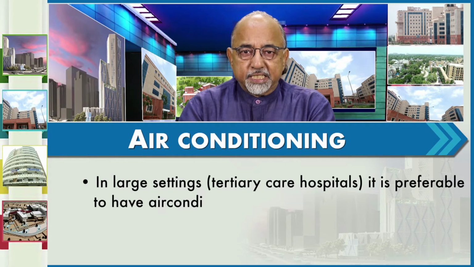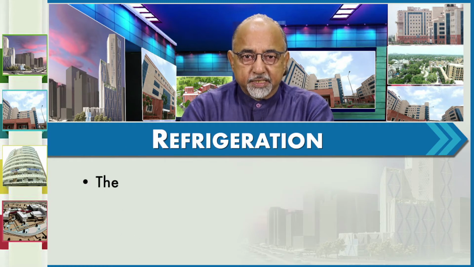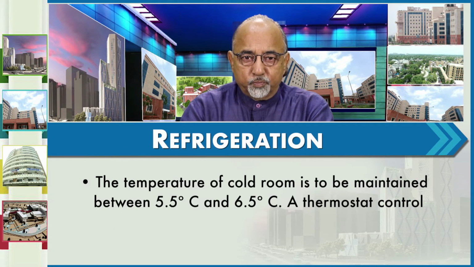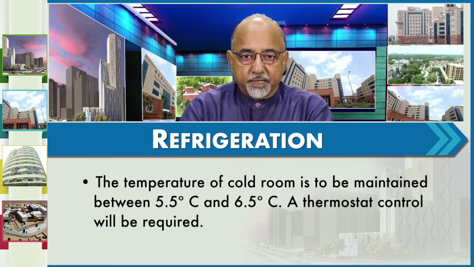Air conditioning. In large settings, tertiary care hospitals, it is preferable to have air conditioning with 100% fresh air. Refrigeration. The temperature of the cold room is to be maintained between 5.5 degrees Celsius and 6.5 degrees Celsius. A thermostat control will be required.